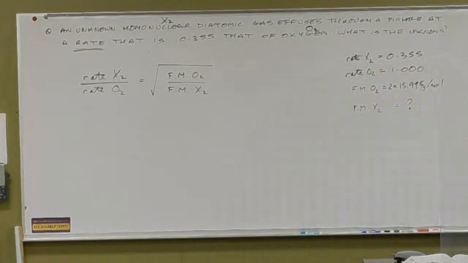The other numbers have so many digits of precision, it doesn't seem right to just say that an oxygen is 16.